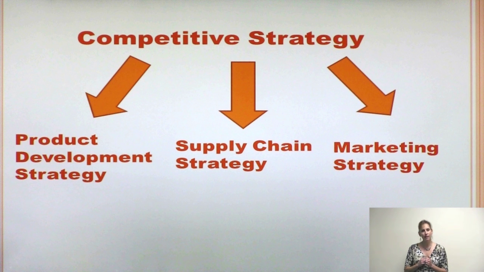If you recall, supply chain incorporates things like distribution, sourcing, production. So now that you know, okay, I'm trying to make a low-cost product, I'm not going to source high-end raw materials because that's just going to drive up my cost. Your competitive strategy is what drives everything forward.